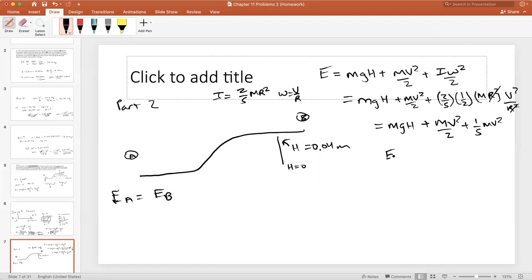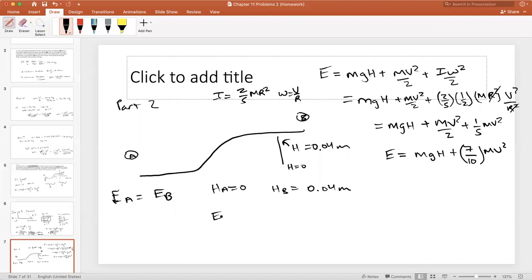So E is going to be mgh plus 7/10 mv squared, okay, for every point. So now for EA, I know that the height at A is 0 and the height at B is 0.04 meters.